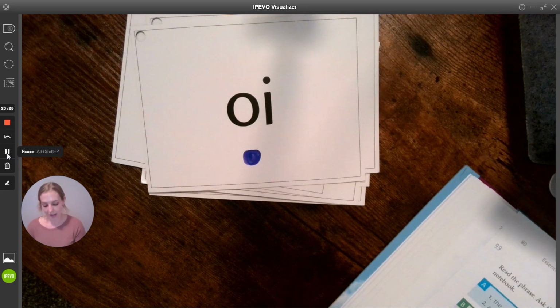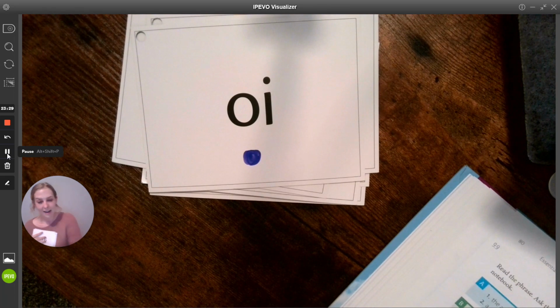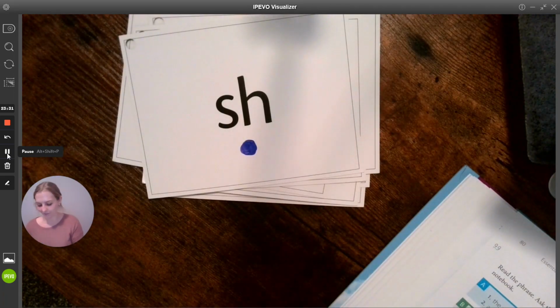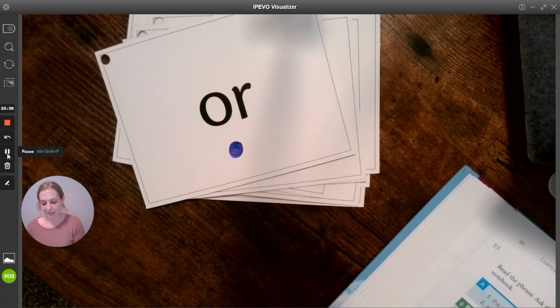Sh, used only at the beginning of a word or at the end of a syllable. Or, E-F-A.